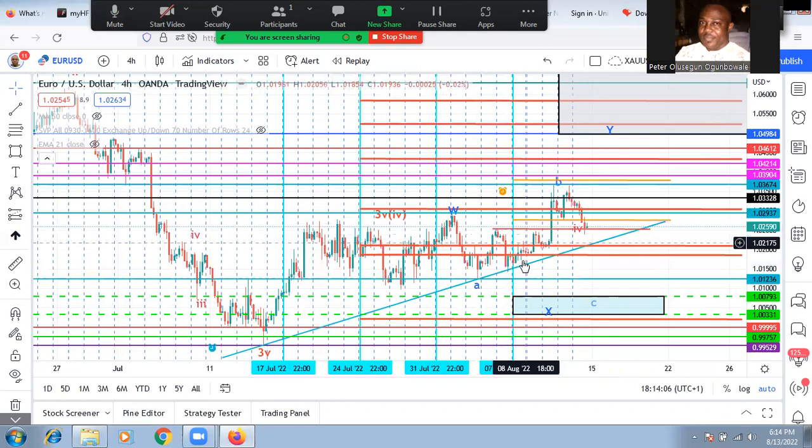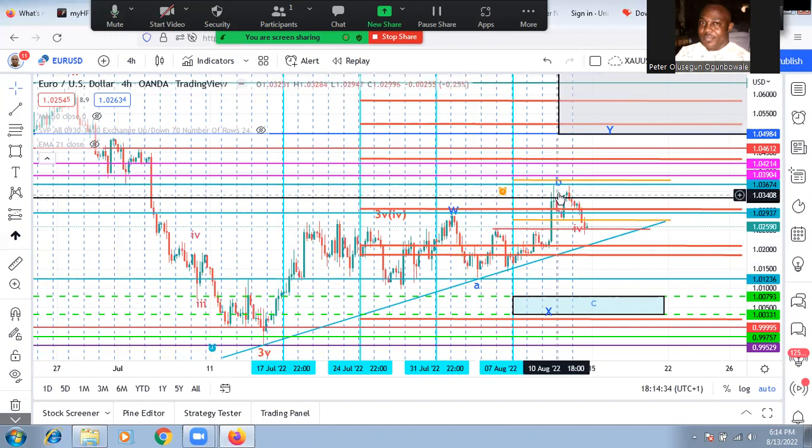On DXY, because it's trying to pull up, we said it's going to give us a running flat, because the B on the DXY is at 123, but on the Euro USD is at 141. So the Euro USD is going to give us an extended flat, while the DXY is giving us a running flat.